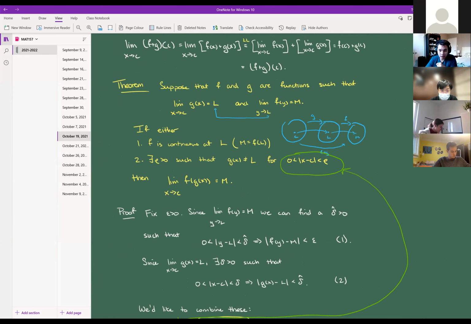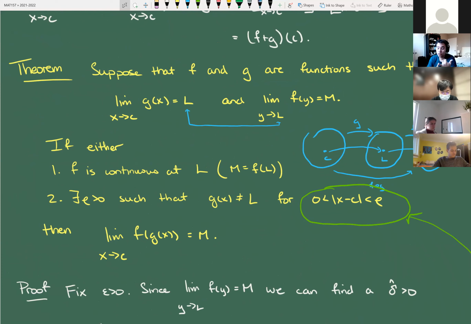This is the theorem that I want to use in order to turn that f of g limit into just the derivative of f evaluated at c. And what you see here is that one of these two things has to be true. Either f is continuous at its limit point, or there exists a rho such that g of x is not equal to L for all x in a neighborhood of our limiting point, okay?